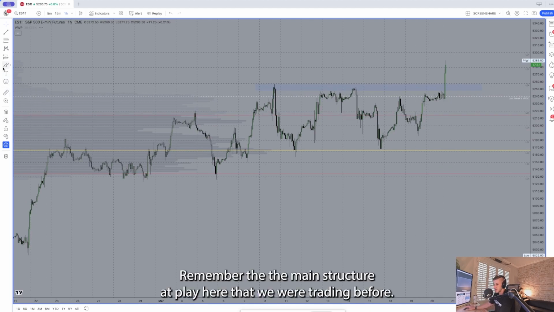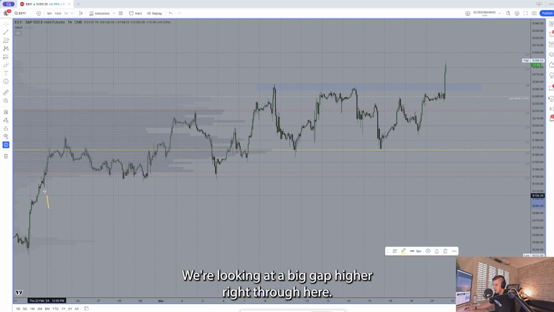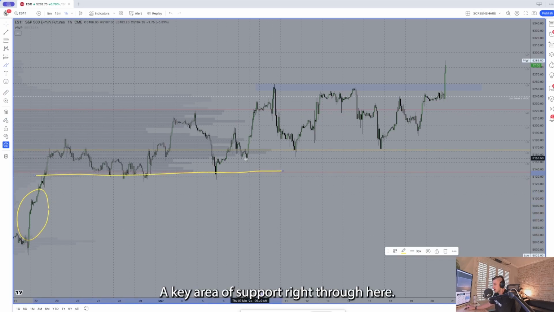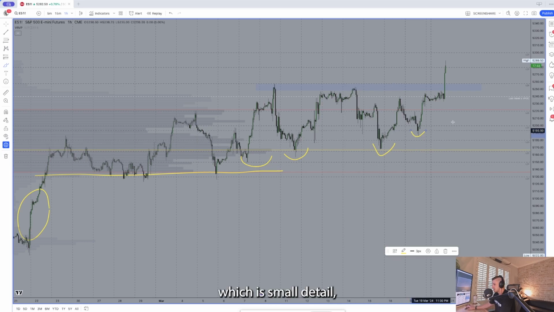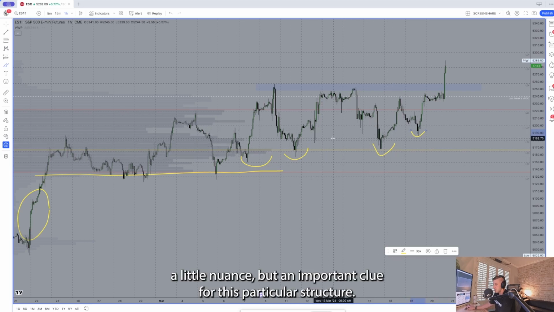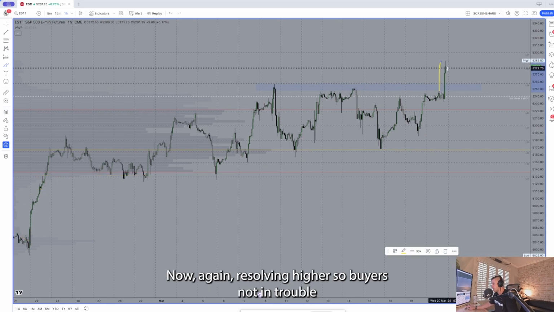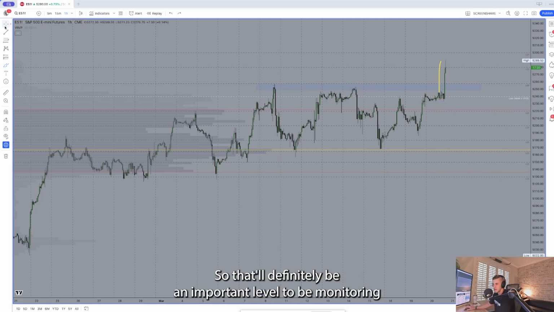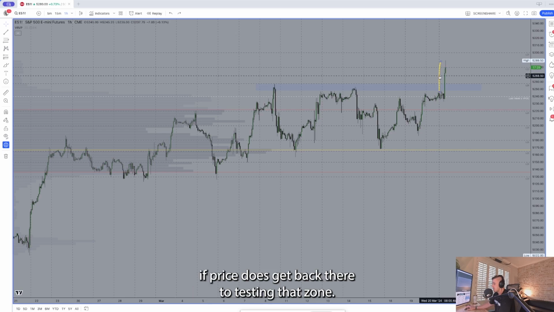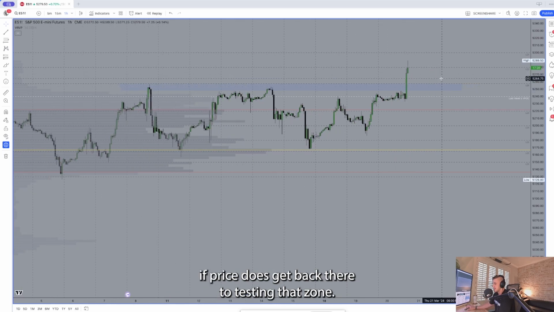Remember, the main structure at play here that we were trading before, we were looking at a big gap higher right through here, a key area of support right through here, and then the structure began to develop a series of higher lows, which is a small detail, a little nuance, but an important clue for this particular structure. Now, again, resolving higher. So buyers not in trouble unless there is sustained action below this 5250 area. So that'll definitely be an important level to be monitoring if price does get back there to testing that zone.